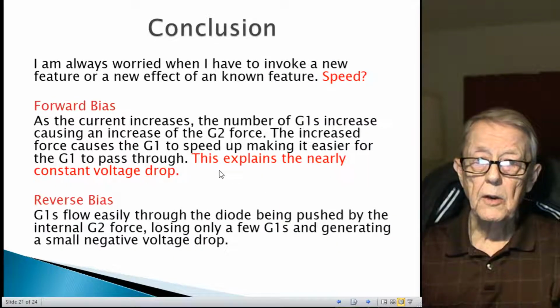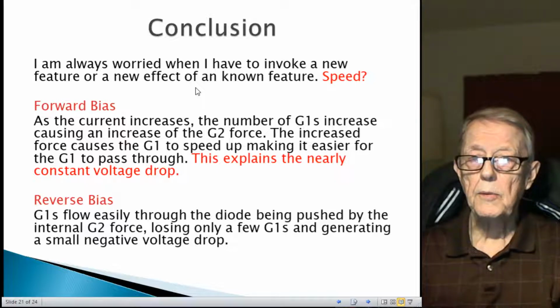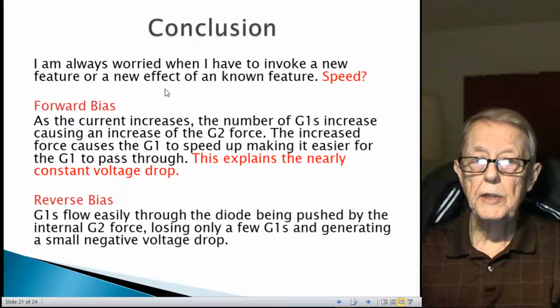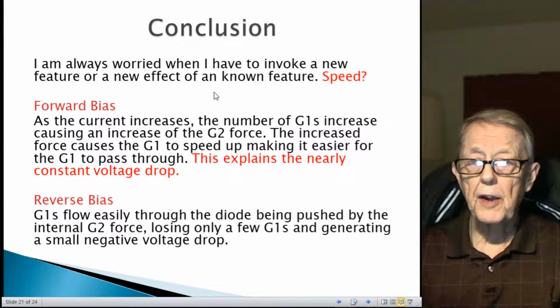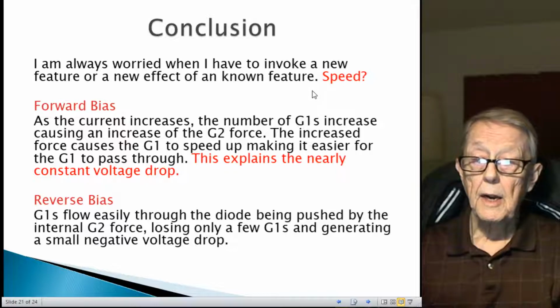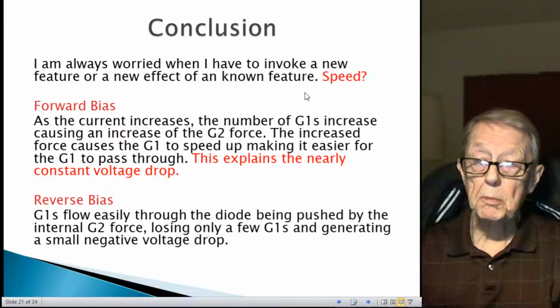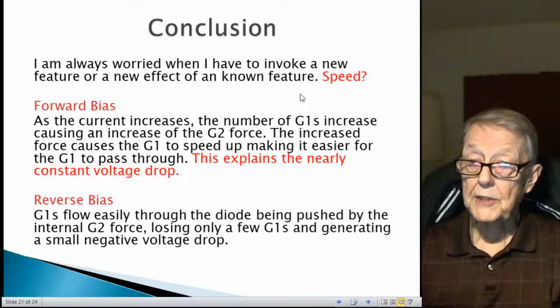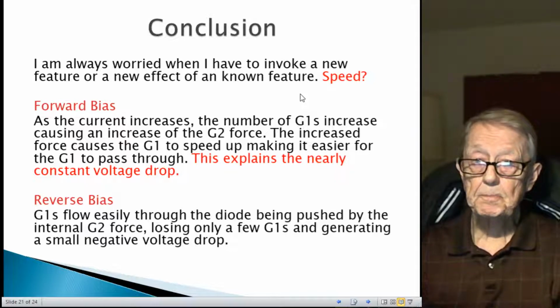Well, conclusion. I'm always worried when I have to invoke a new feature or a new effect of a known feature. I've known the speed changes. This is the first time I've used speed to explain a characteristic of anything.